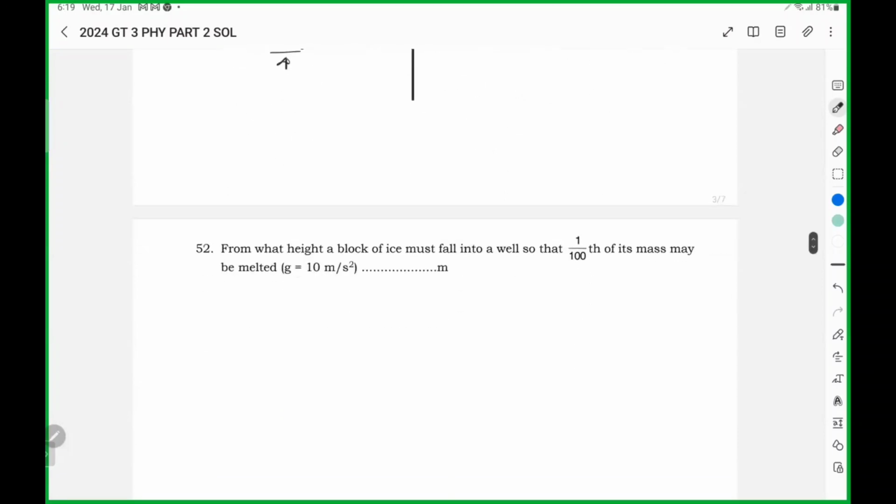From what height must a block of ice fall into a well so that 1 by 100 of its mass may be melted? To melt 1 gram, 80 calories, this many joules.